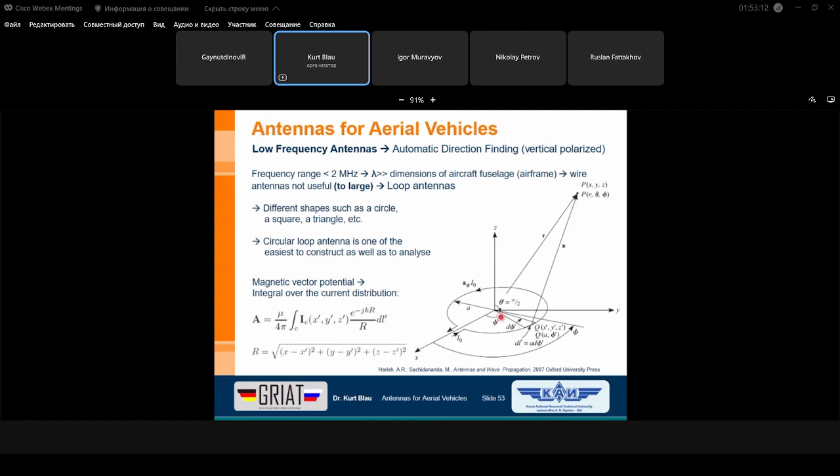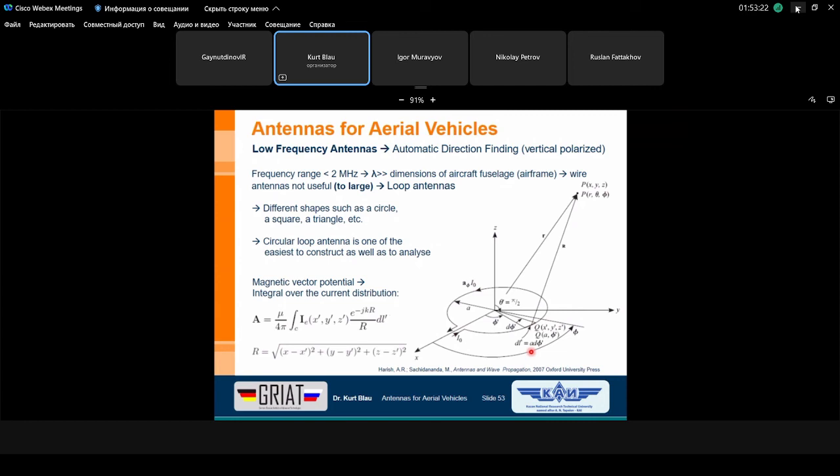And so we look at a small current element with the length given by dl. You can see it here. This is the angle dphi, and the radius is the small a here.